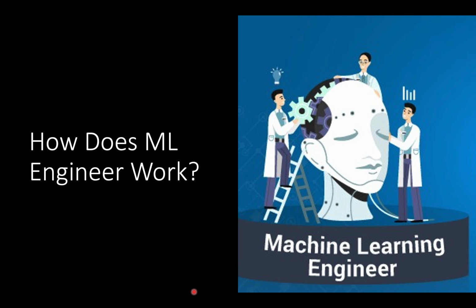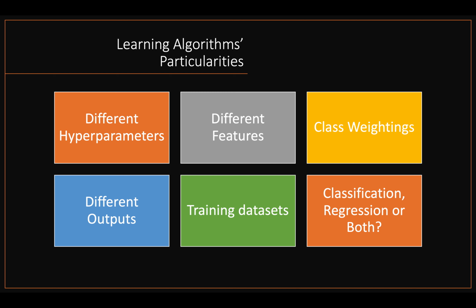And now in this final slide, I'm going to outline some practical particularities that can differentiate one learning algorithm from the other one. You already know that different learning algorithms can have different hyperparameters. Solvers such as gradient descent can also have hyperparameters, like for example learning rate.